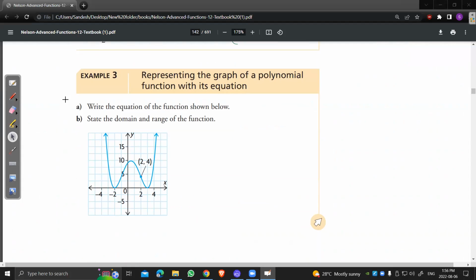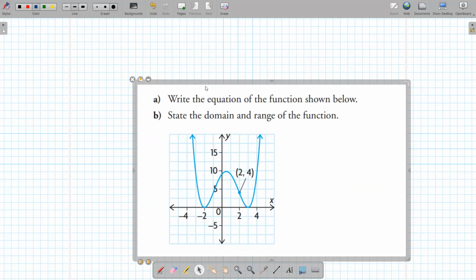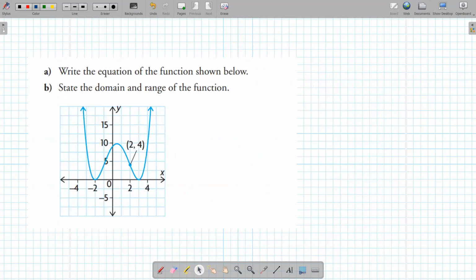Alrighty. Now let's do this one. Write the equation of the cubic function below, right? Notice how there's 2 turning points here. What does a turning point mean when it comes to factored form? It means there's a double root, okay?